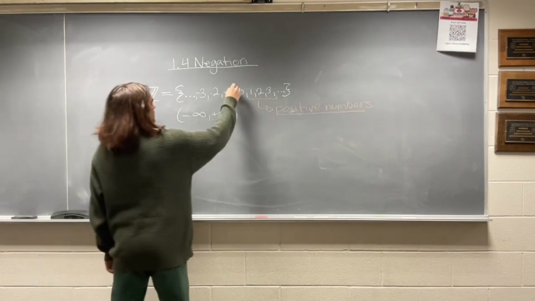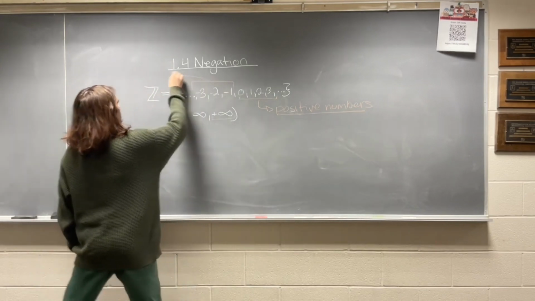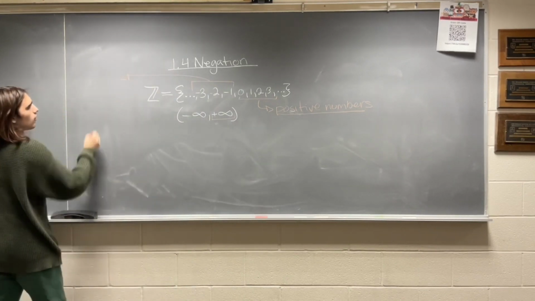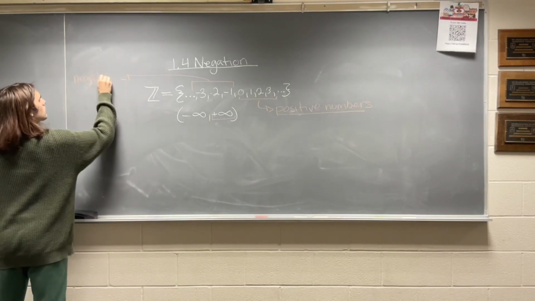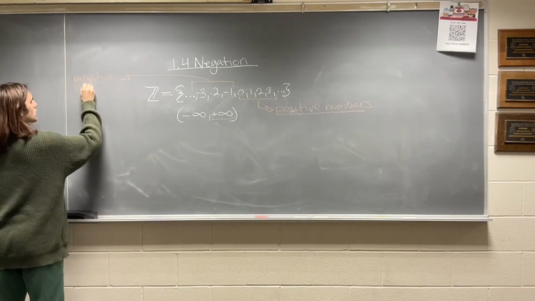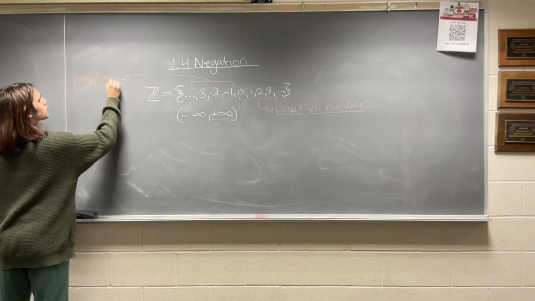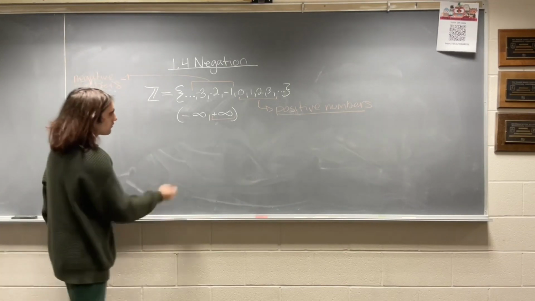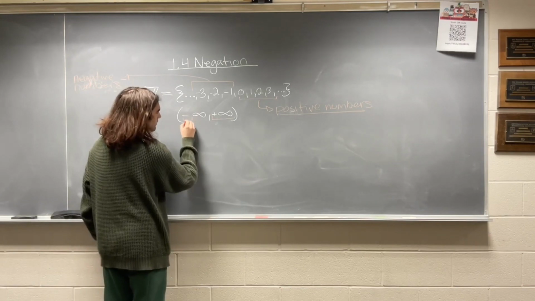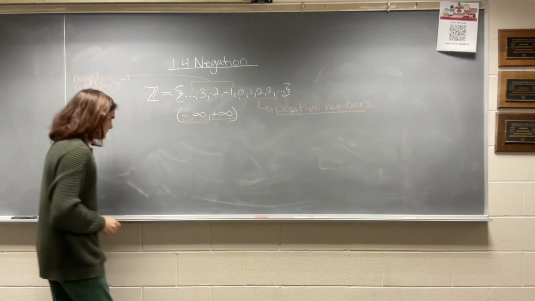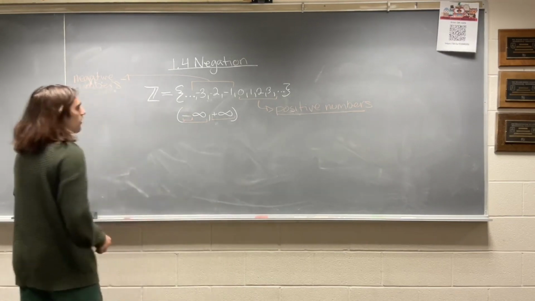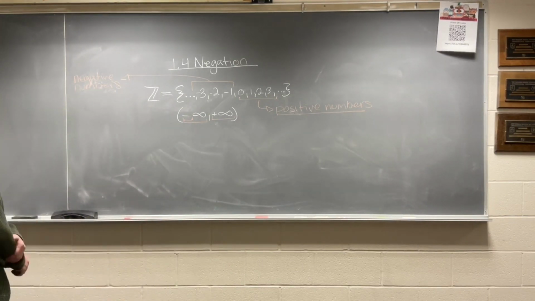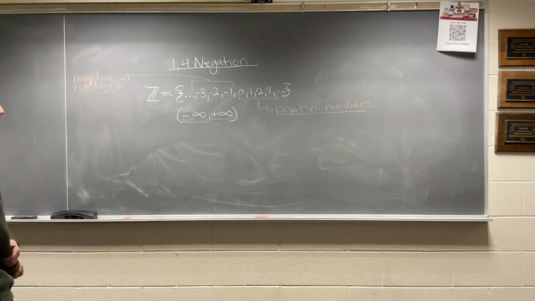And all of these numbers here are negative numbers. And they go on for negative infinity, hence this little negative right here. So, we're going to talk about the properties of these negative numbers and what they do to other numbers.